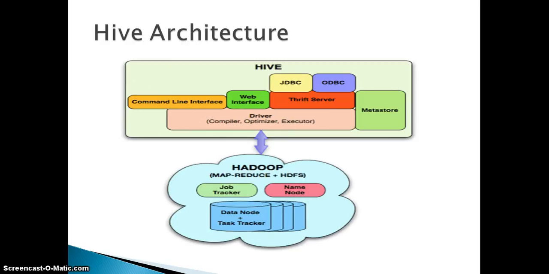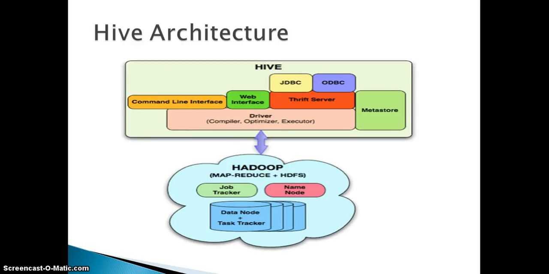After connecting to Hive, when you write some queries, your driver will come into the picture. So what is the driver? The driver is the combination of compiler, optimizer, and executor. Like I said previously, whatever queries you write using HQL will be run as MapReduce in the background.